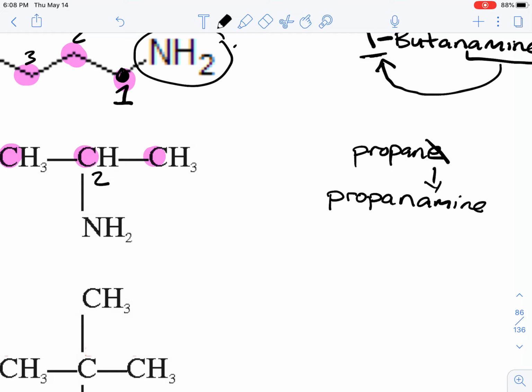And so once I have the name of my parent chain, which includes my functional group amine, I'm going to communicate to the reader what carbon number that amine is covalently bonded to. Currently it's covalently bonded to the 2nd carbon. So I would have to say 2-propanamine.